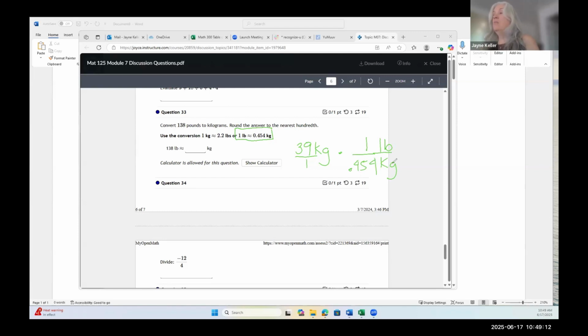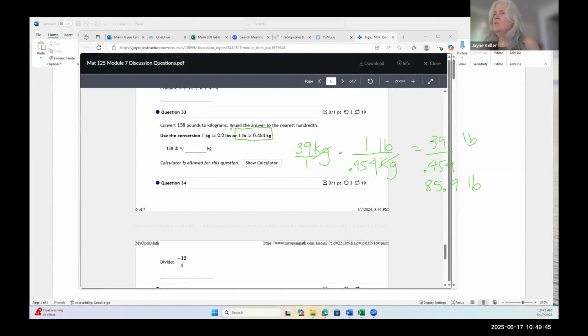Okay, so that means that I need to cancel my kilograms. And then I'm going to have 39 divided by 0.454 pounds. Let's see what that is. I get 85.9. We're going to call it 85.9 pounds.